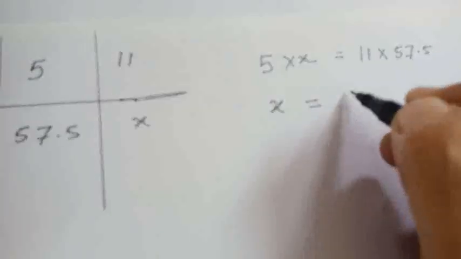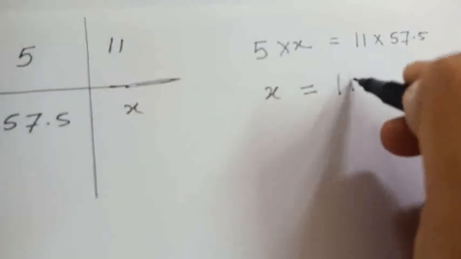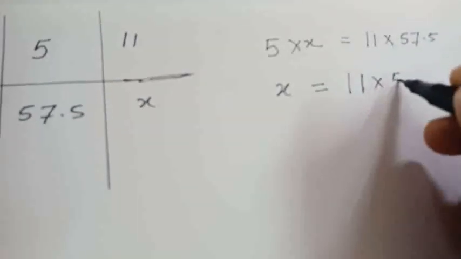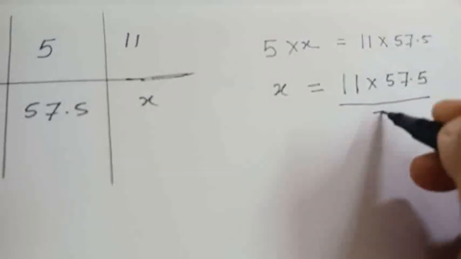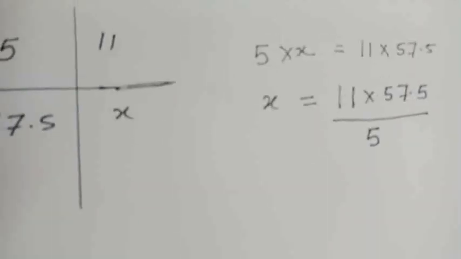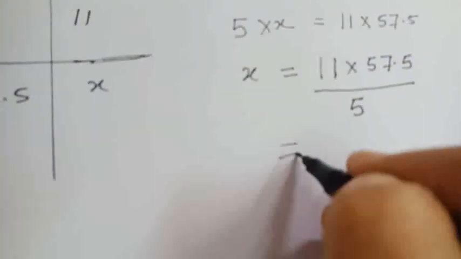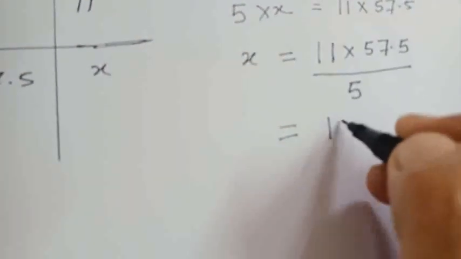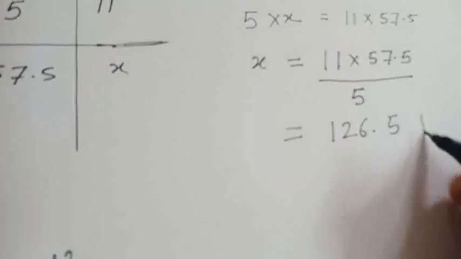So for finding the value of x, I will write 11 into 57.5, and this 5 will go in the denominator. And then we have to solve it. So when we solve 11 into 57.5 upon 5, on cancellation the final answer which we will get is 126.5 and the unit of this answer would be kilometer.